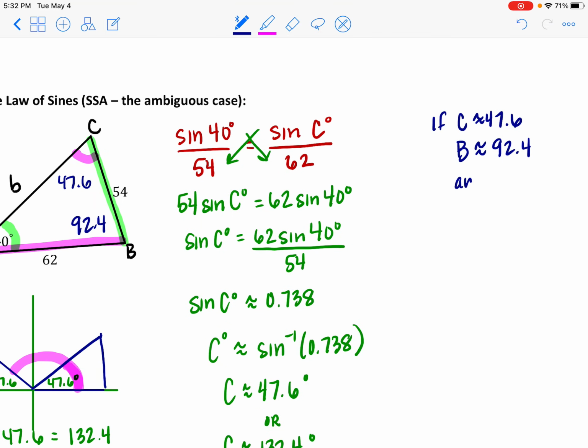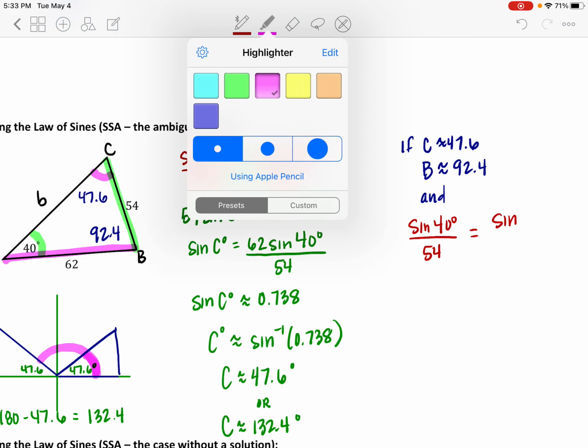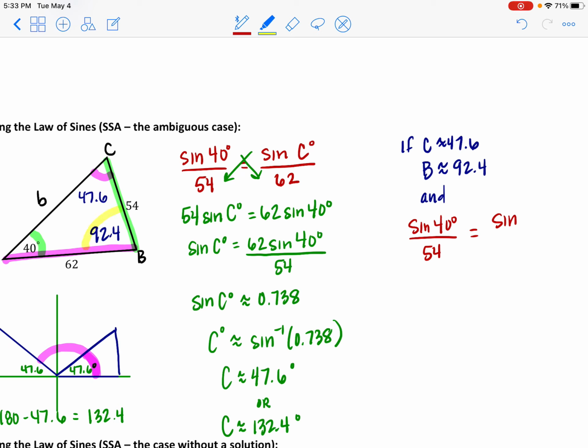And so let's say the sine of the 40-degree angle over the side length of 54, again, let's use the one that we knew for sure, would have to equal the sine of 92.4 over the missing side length b.